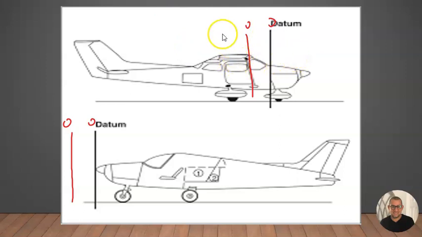Let's see an aircraft that has its datum ahead of the aircraft somewhere, towards the front. So I'm going to give you an example here. Let's say now I'm going to have my datum out here, and we know datum is going to be position 0.